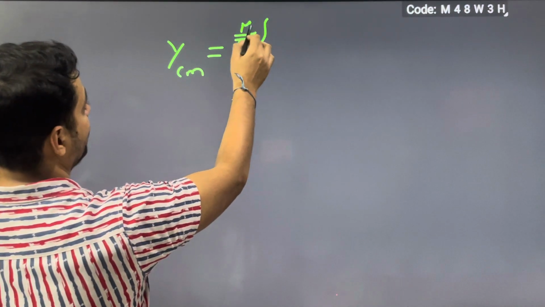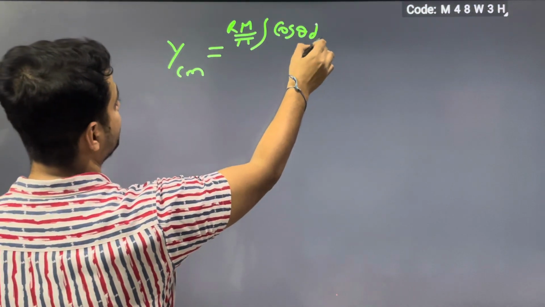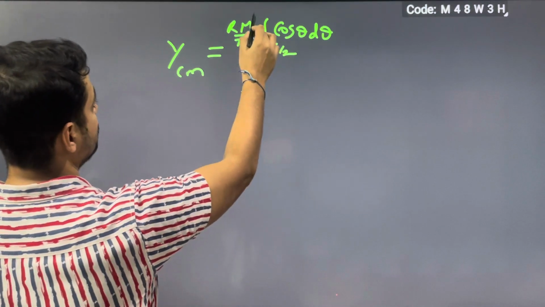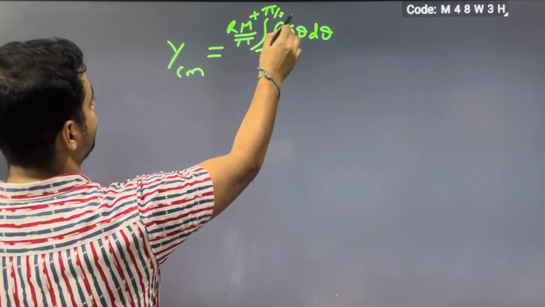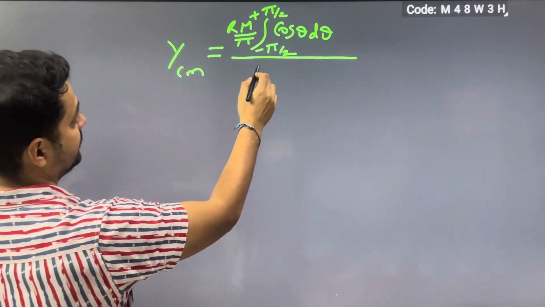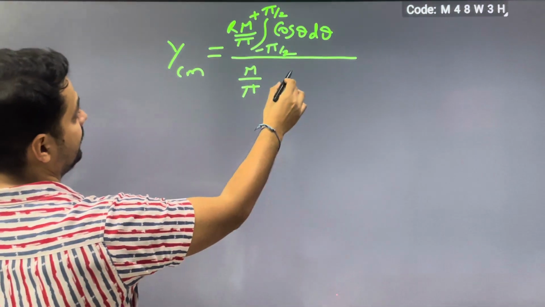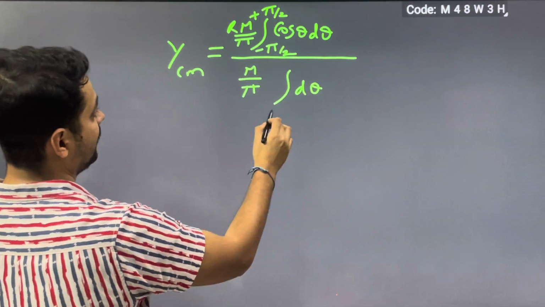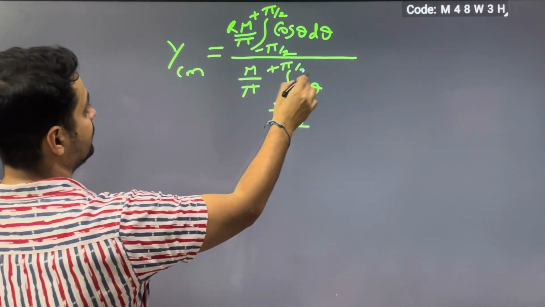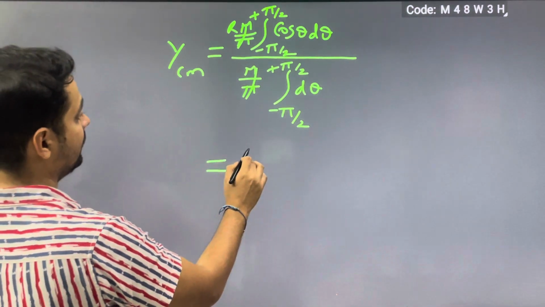So R also I can take outside, and cos theta d theta will be inside, from minus pi by 2 to plus pi by 2. Same way down it was M by pi. Correct? M by pi integration of d theta from minus pi by 2 to plus pi by 2. Now M by pi cancels out, so it will remain R only.